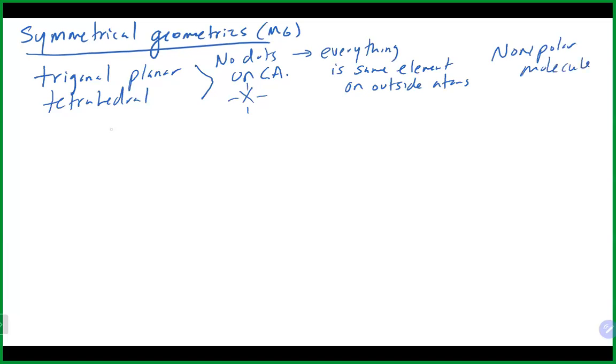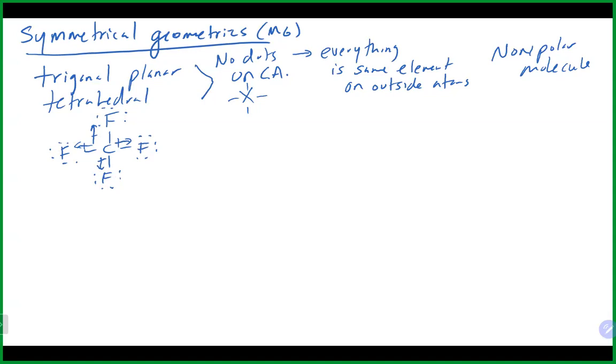So for example, if I took something like this, between carbon and fluorine, fluorine is more electronegative, which means we could draw individual bond dipoles, these little arrows, heading towards the fluorine. In this case, it's a tetrahedral geometry, which means when I look at that, I do not see dots, and everything on the outside is the same.